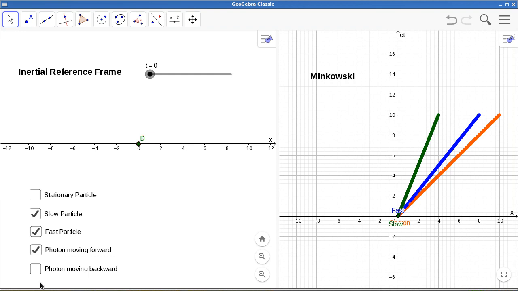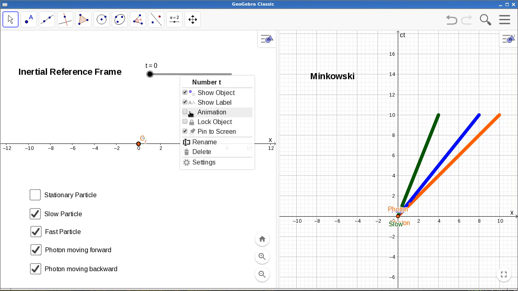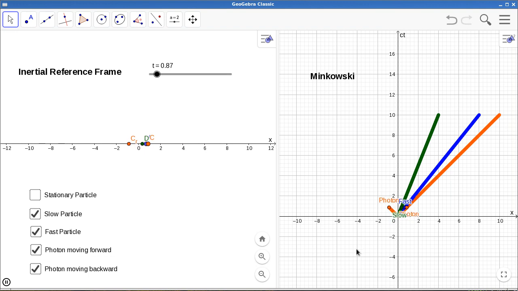So now, what will be the world line of a photon which is moving backwards? You can see that the world line of the photon which is moving backwards will show up with a negative slope in the other quadrant.